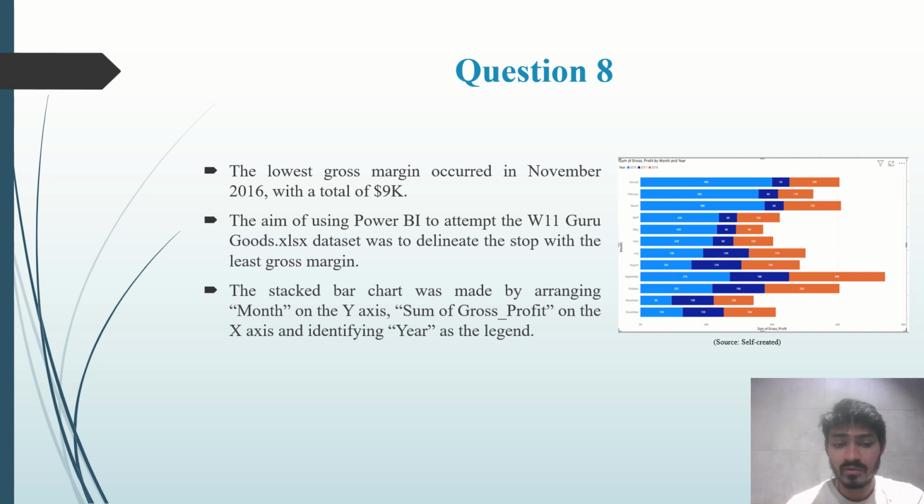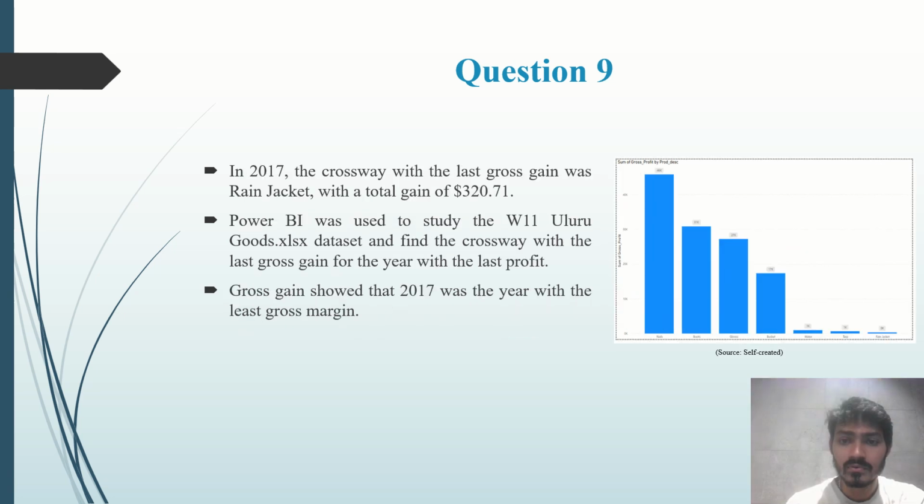Moving toward this graph, in 2017, this shows that the category with the lowest gross gain was rain jacket with a total gain of 320.71 dollars.